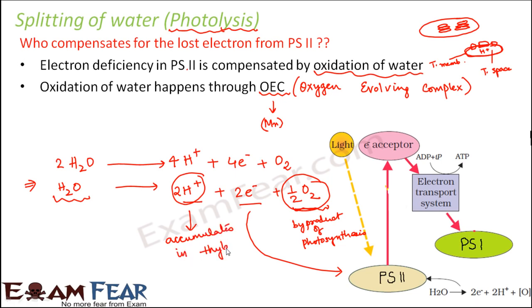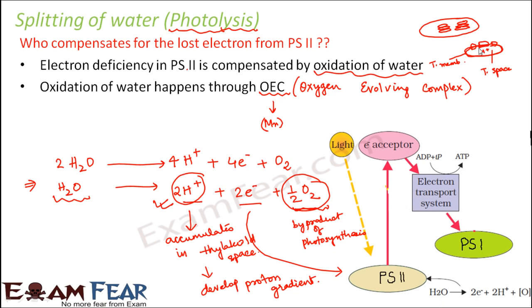Now this also will help to develop the proton gradient. You remember I spoke about proton gradient in one of the previous slides also. I told you that the energy which is released during the electron transport chain helps to create proton gradient. Now this is the proton gradient which I was talking about.